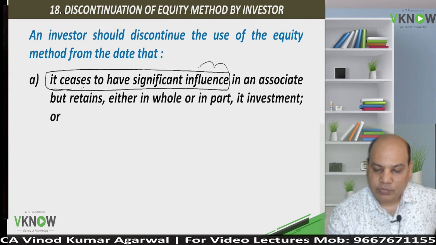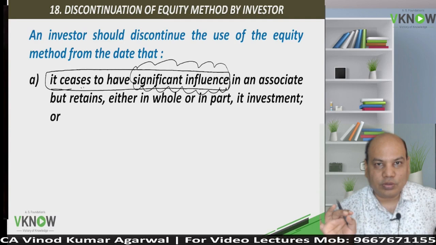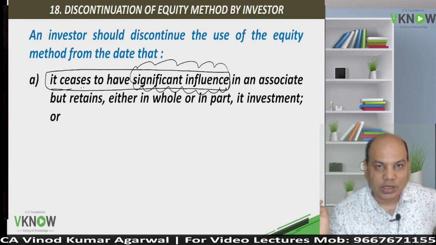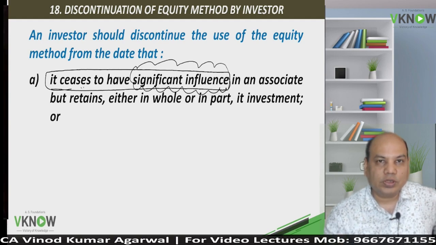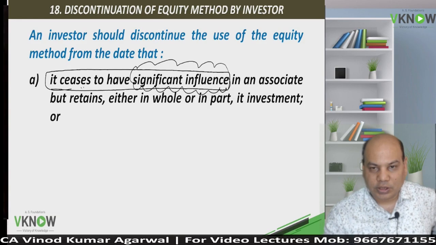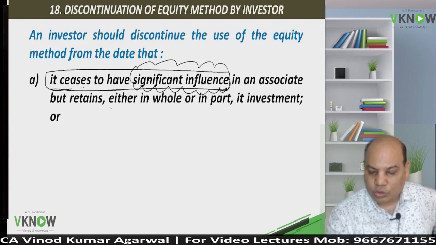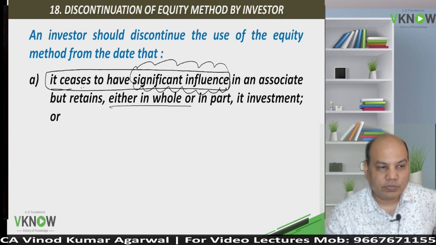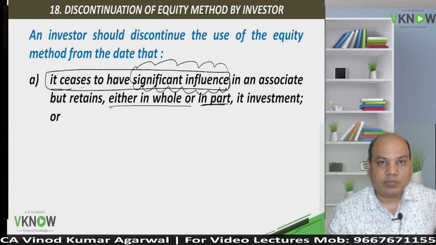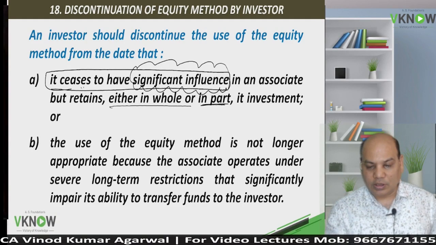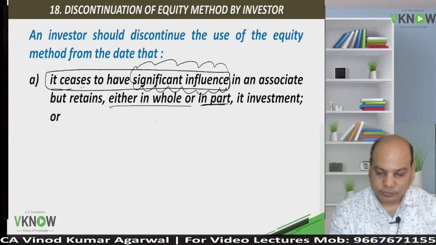The whole accounting standard revolves around this term: significant influence of the investor over the associate. No significant influence, no application of AS23. So how is it possible? You might have sold the entire investment, or you may have sold some part of the investment, but now you don't have significant influence.